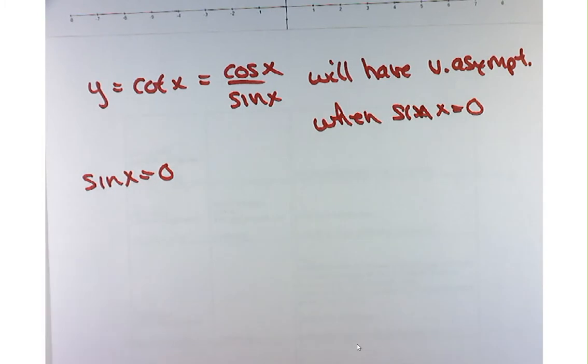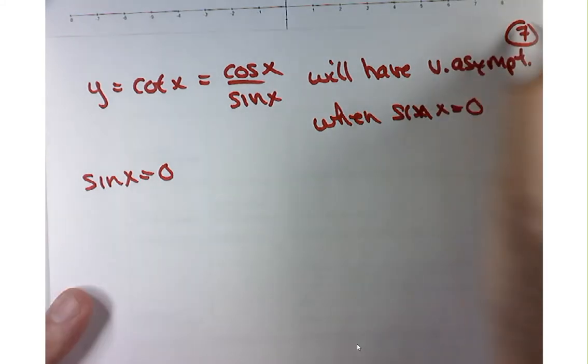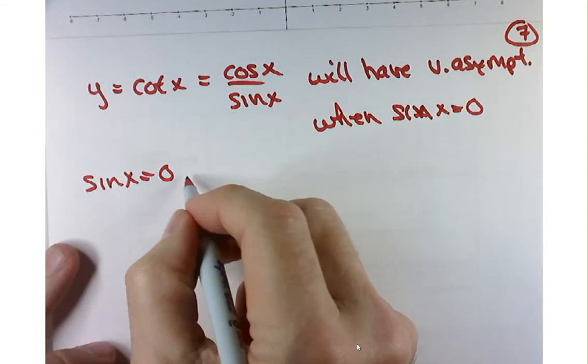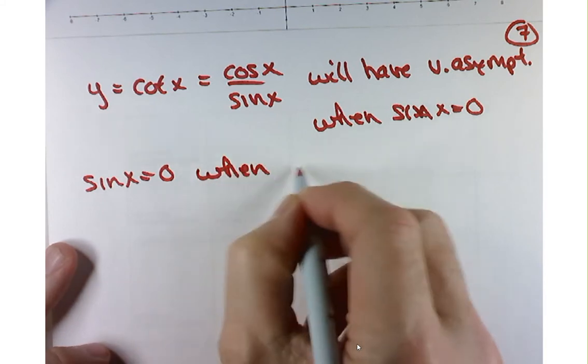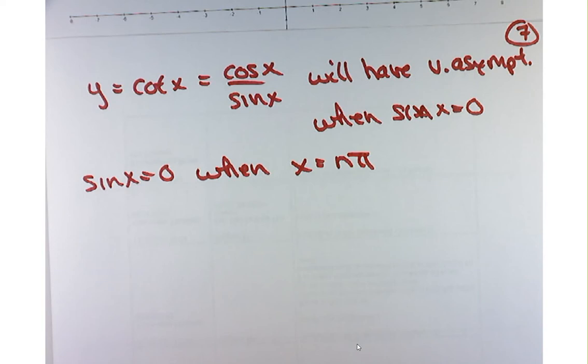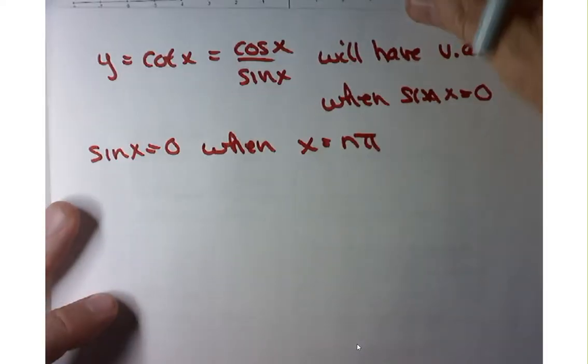Has anyone got this one? Where does the sine function cross the x-axis? Where does sine of x equal 0? And pi. When x equals some multiple of pi. Perfect. Just any integer multiple of pi.